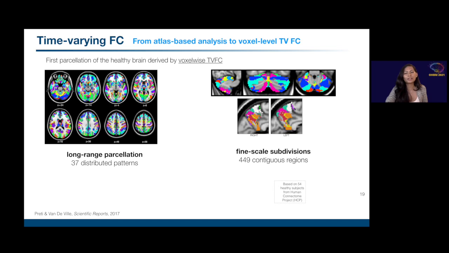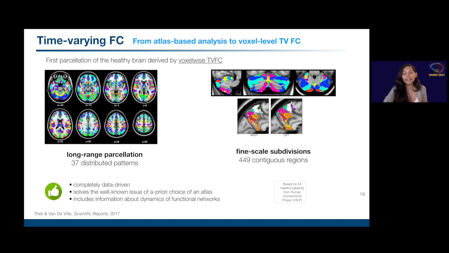So this makes the method completely data-driven and also solves the well-known issue of the choice of the a priori atlas. And of course, very importantly, it already includes the information about the dynamics of functional networks themselves.